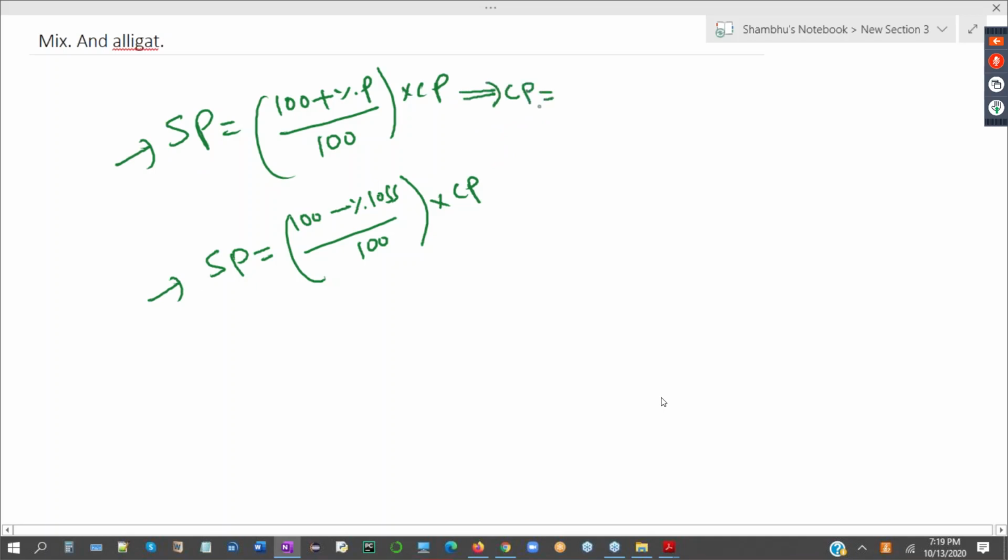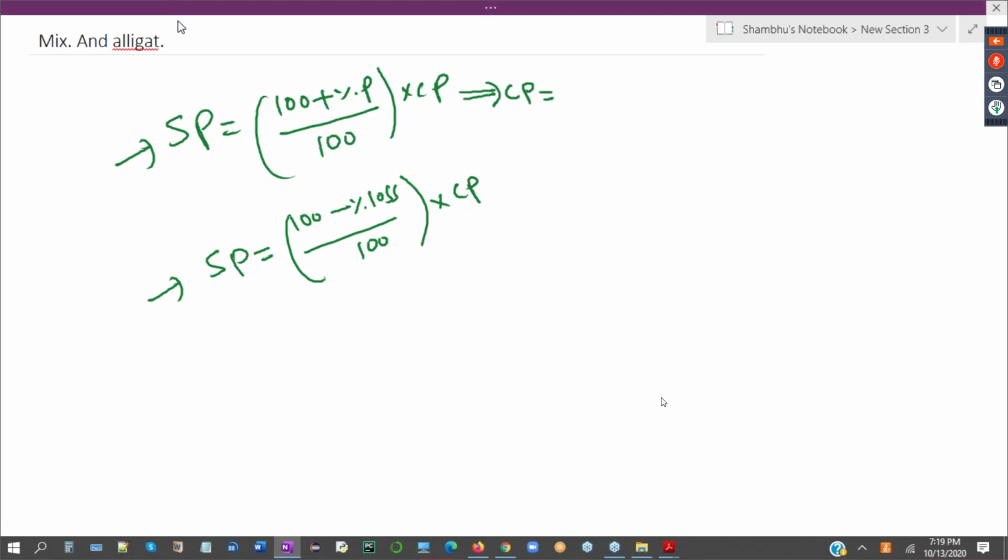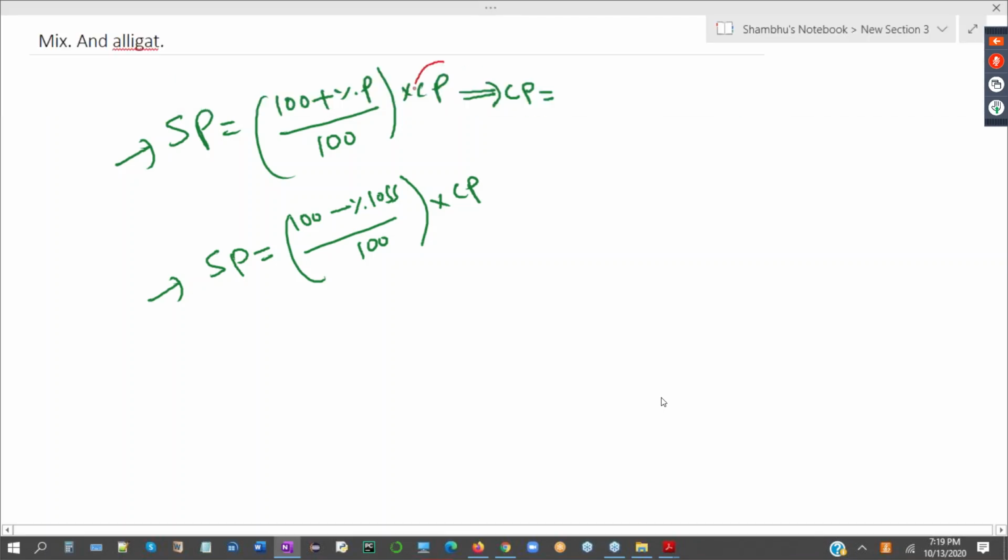If you want CP when there is profit percent, keep CP at one position, and leave all other terms on the other side. So CP is equal to SP into 100, divided by 100 plus profit percent, which goes in the denominator.